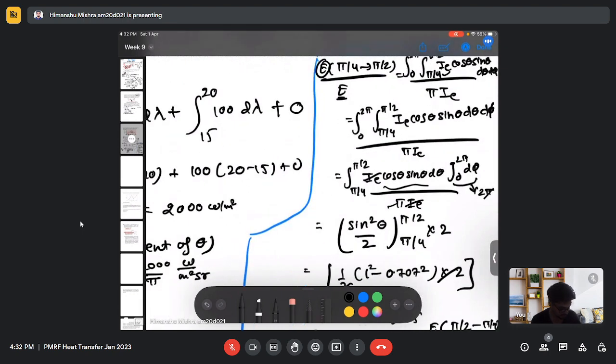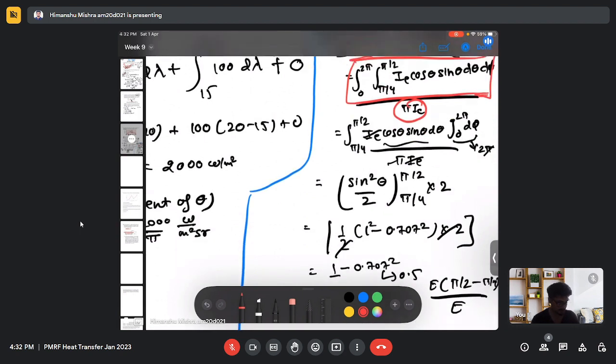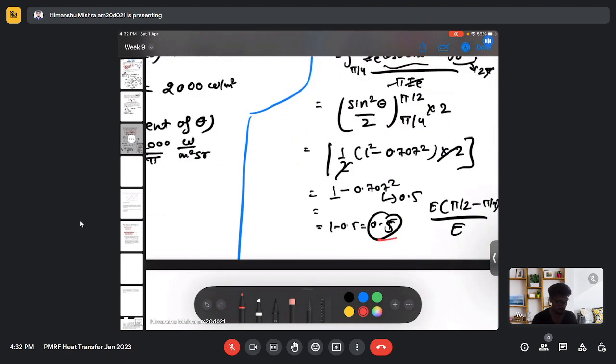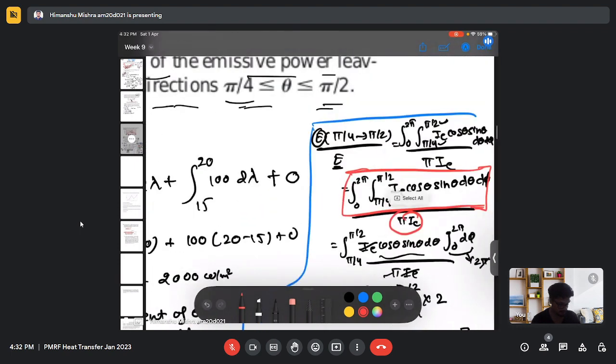So this is my power from theta pi by 4 to pi by 2, and this is my total power. So the fraction of this will be 0.5. That means half of the power is radiating from angle pi by 4 to pi by 2. That means if this is my surface, half of my total power is radiating in this region.